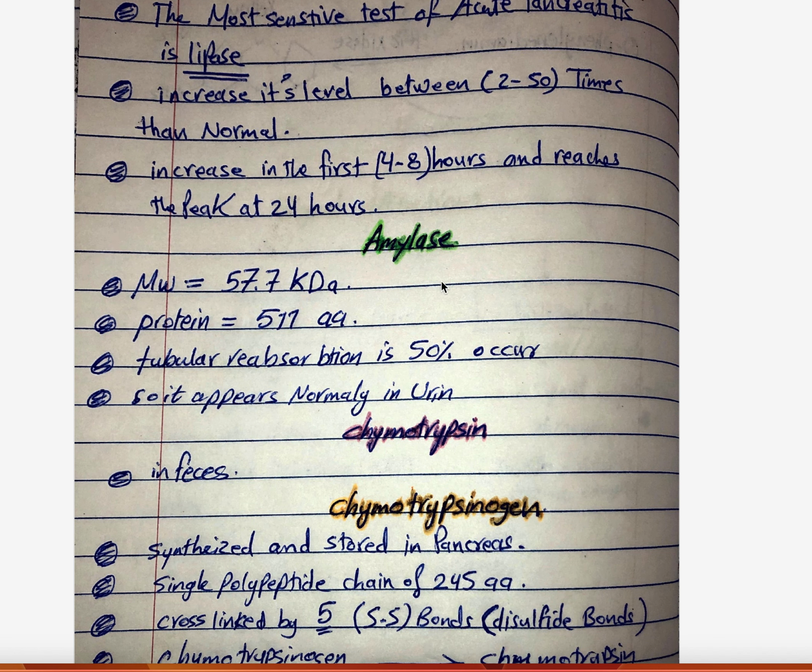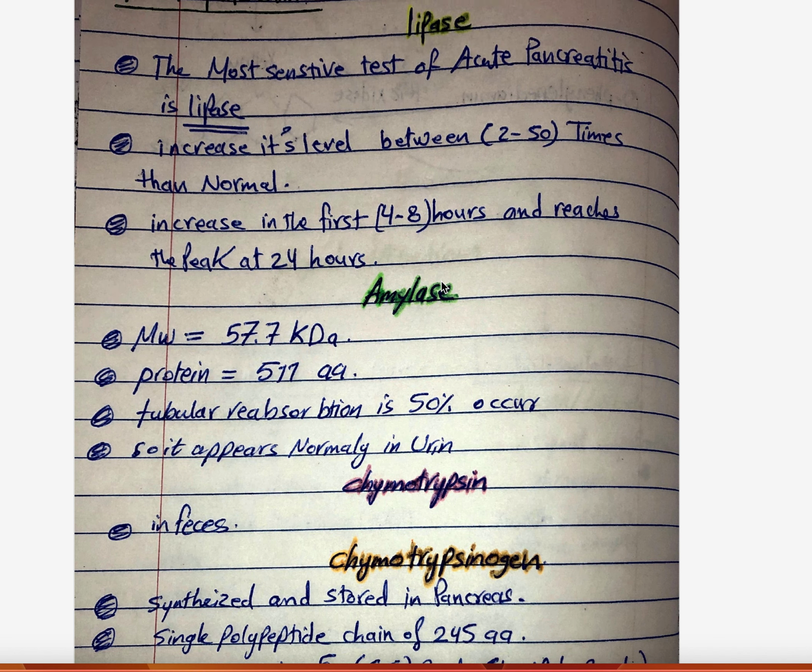One important thing is to make a comparison between the lipase enzyme and the amylase enzyme. It's impossible to find lipase in the urine sample, except maybe in abnormal conditions, but normally lipase is not present in the urine at all.